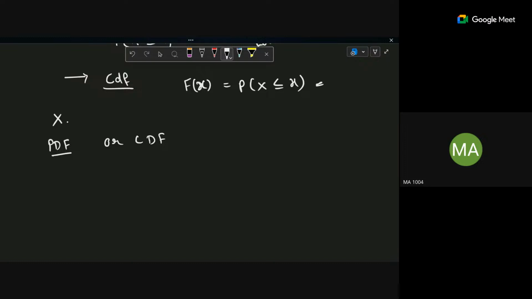Now, once you have CDF, what does it give you? It gives you cumulative probability, not a particular probability. You may have seen this type of graph.